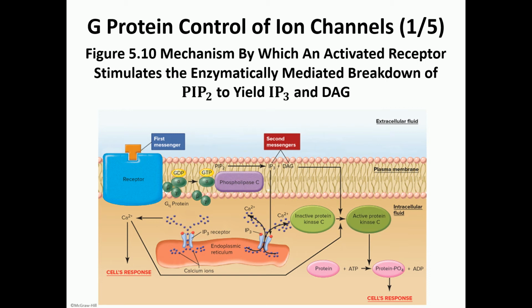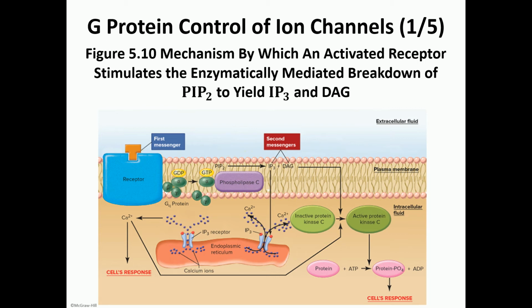Now the activation of that GQ protein leads to the detachment of the protein and then the separation of the alpha subunit, which will activate this enzyme inside of the cell membrane known as phospholipase C. Phospholipase C will change PIP2.